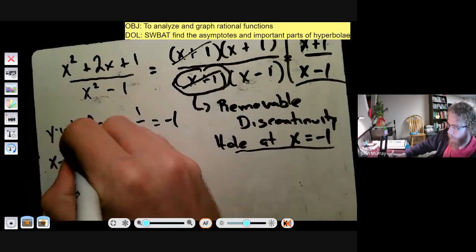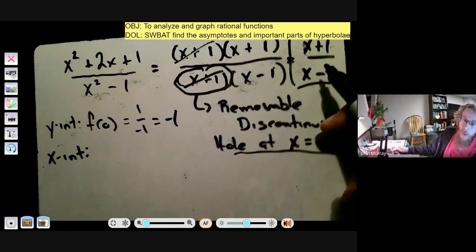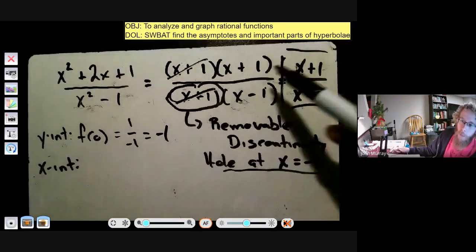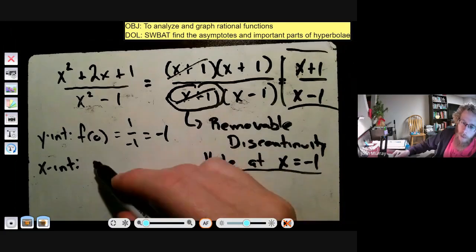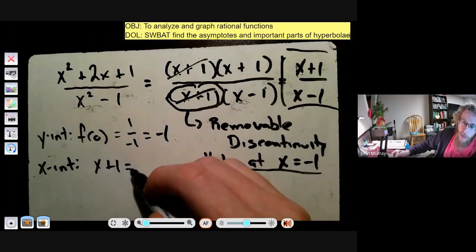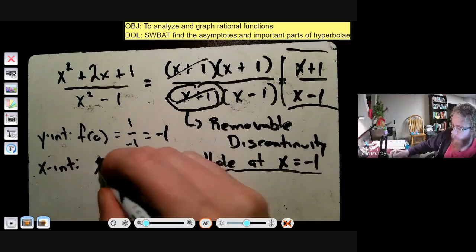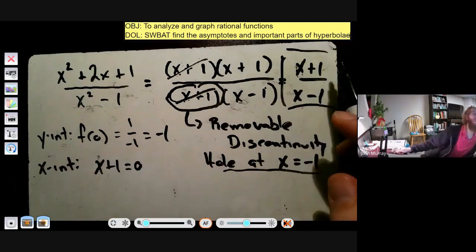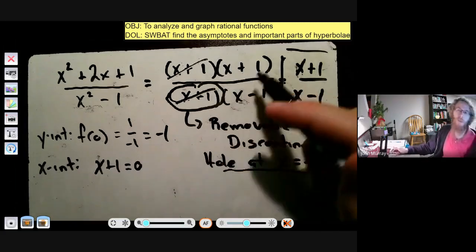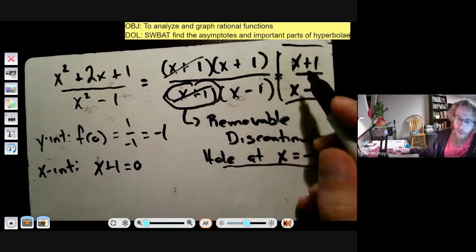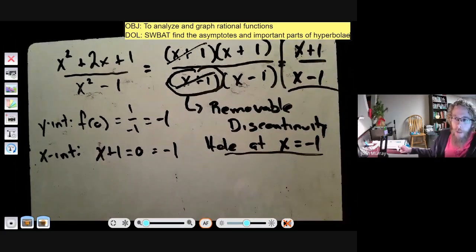Then we ask for the x-intercept. So for our x-intercept, we just look at the numerator, and we set the numerator equal to 0. For this, make sure you're using the simplified version, even though it doesn't matter here since we get the same answer either way. x plus 1 equals 0, I get my x-intercept at -1.